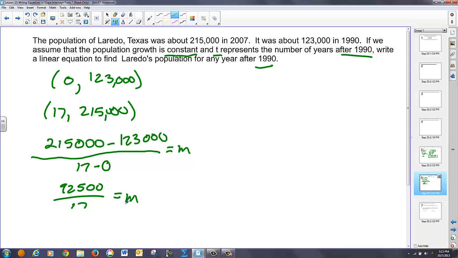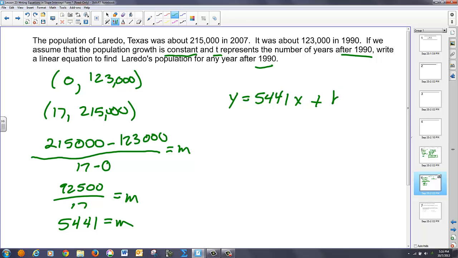92,000 divided by 17 is going to equal, since we're talking about people, we'll go 5,441, and that's our m value. So we have y equals 5,441x plus b.